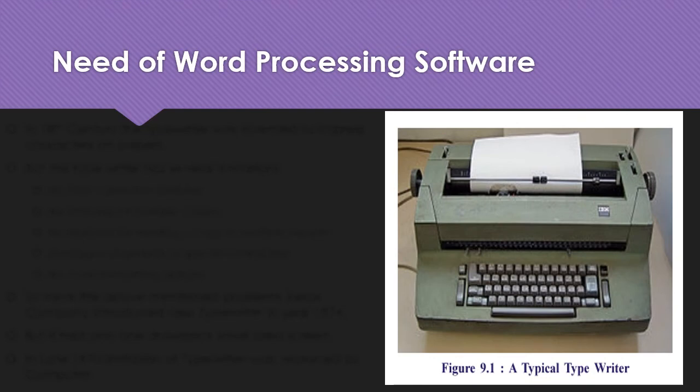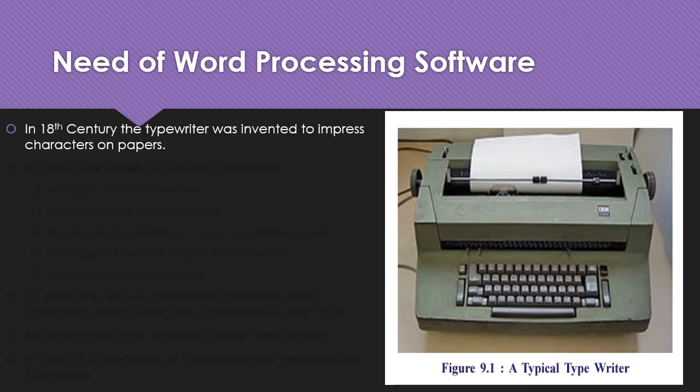Need of word processing software. Why do we need this word processing software? Before word processing software, in the 18th century, the typewriter was invented to impress characters on paper.